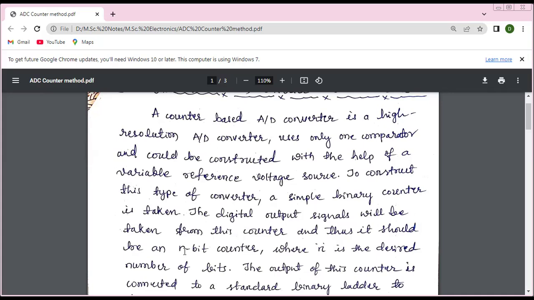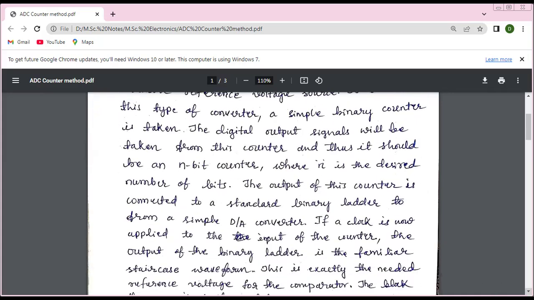Accordingly, you will have to choose the counter. So where n is the desired number of bits, the output of this counter is connected to a standard binary ladder to form a simple digital to analog converter.